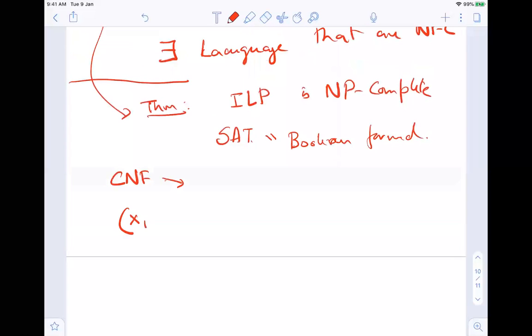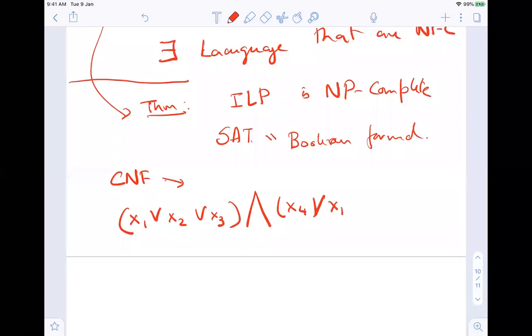If I have a set of variables, and I want one of them to be satisfied, like x4 or x1 bar or x2 and something else, a formula of this kind is called a conjunctive normal form.